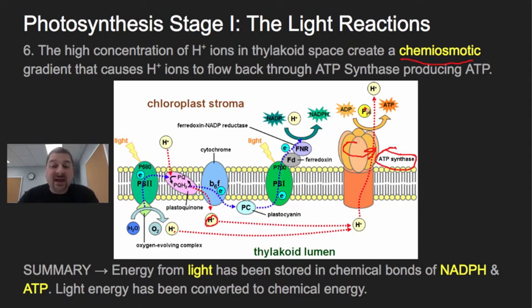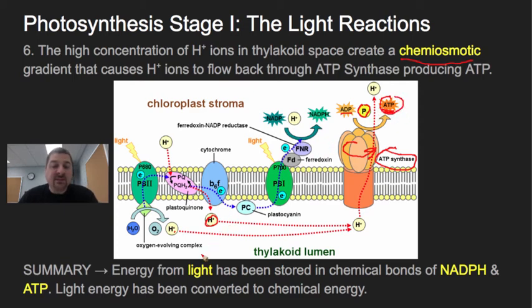It's going to add a phosphate group to ADP, recharging it into ATP. So as the hydrogens escape, it's going to spin the ATP synthase and make ADP into high energy ATP.